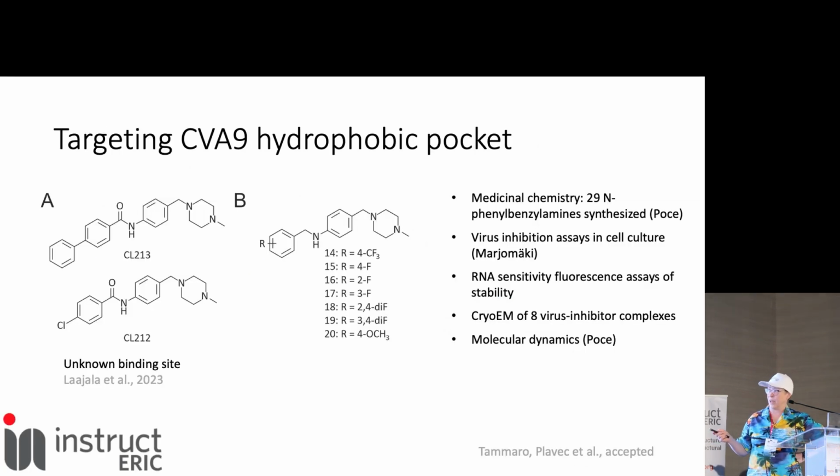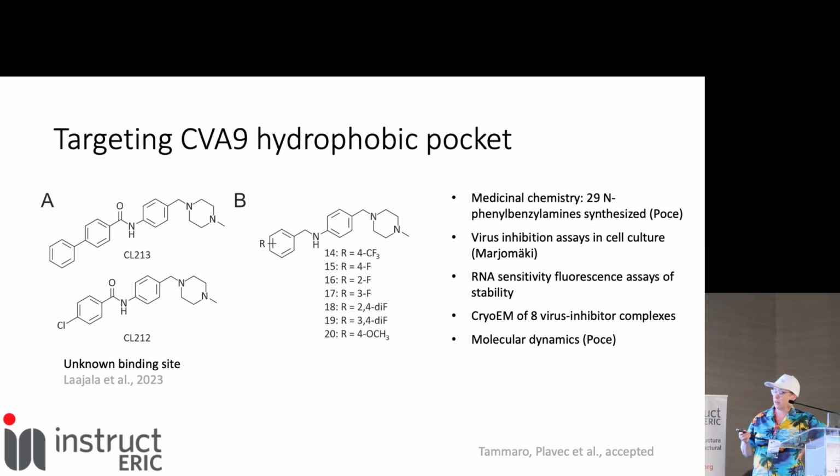So they have found these compounds from a big library that they had, unknown binding site, but low micromolar affinity, so quite nice EC50s, and they're not particularly toxic to cells.